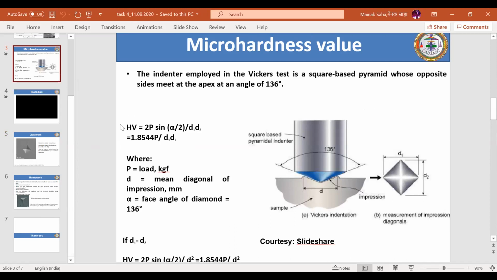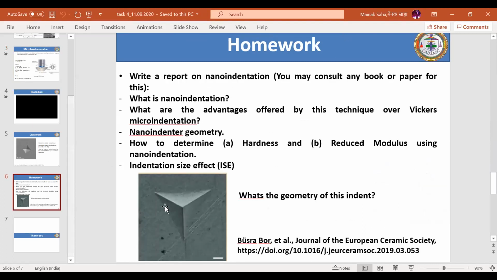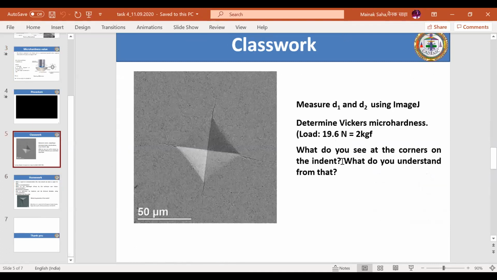This Vickers microhardness value is measured in terms of HV, or you can also write it as VHN, Vickers hardness number, or DPN, the diamond pyramid number, because the indenter is in the shape of a diamond pyramid. Mostly people write it as HV, so it is better to report this hardness value as HV.